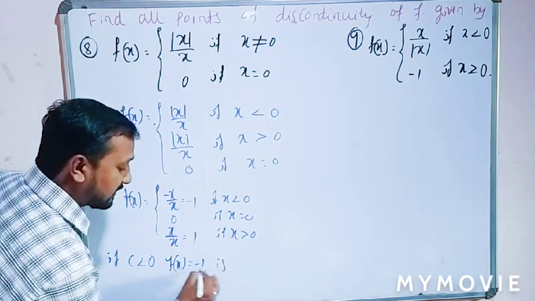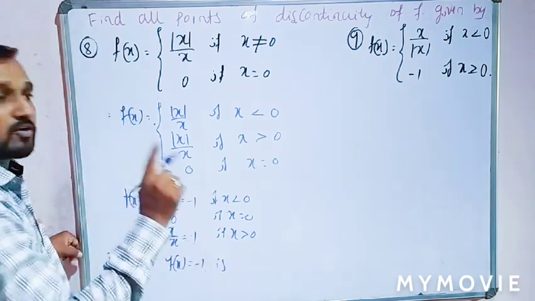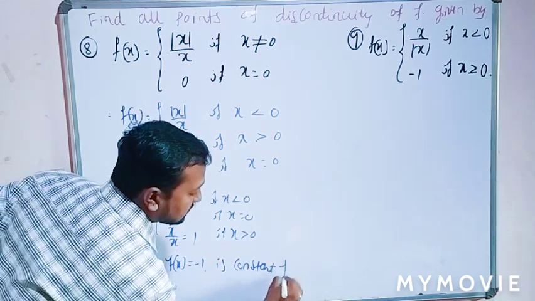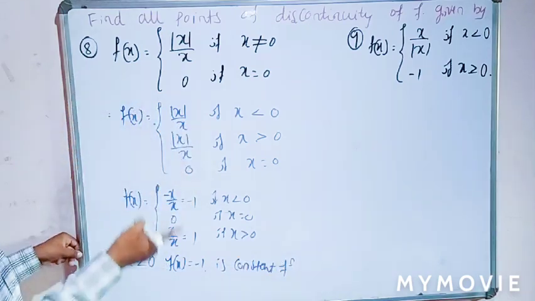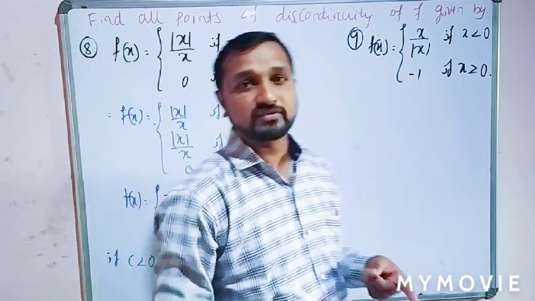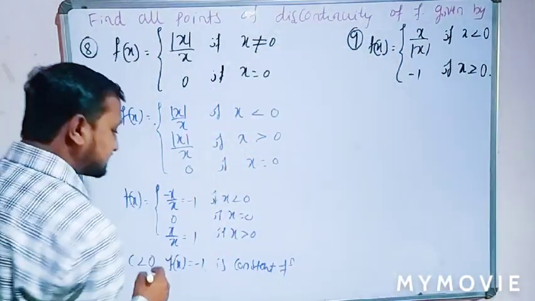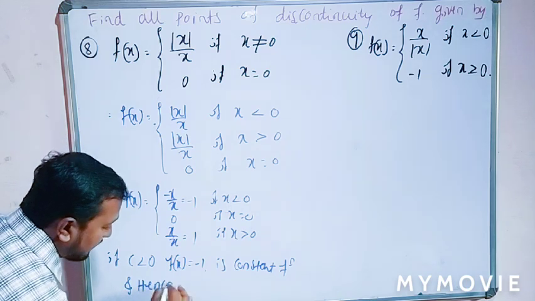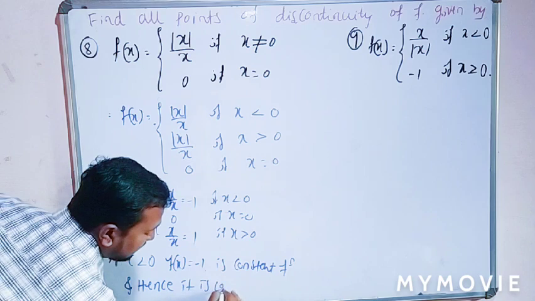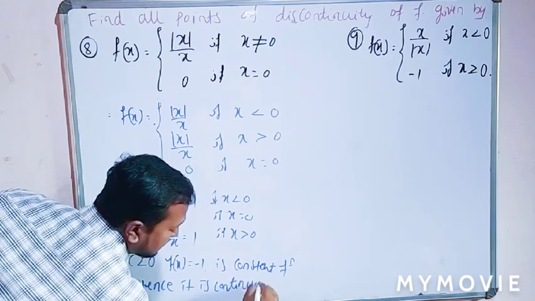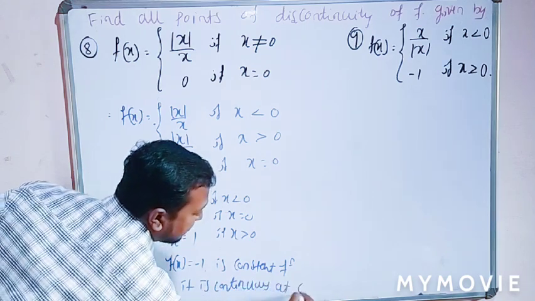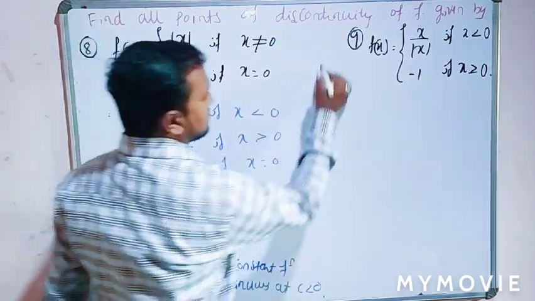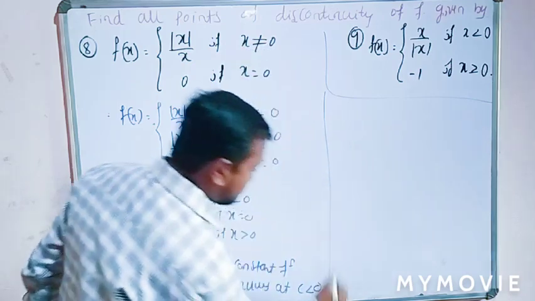Minus 1 is a constant function, hence it is continuous because every constant function is continuous, hence it is continuous at every real number c less than 0.